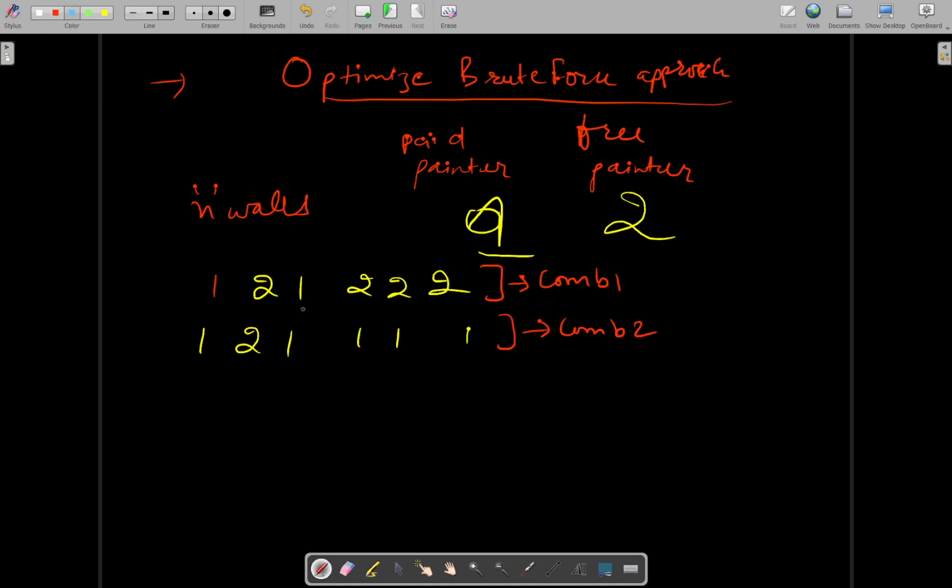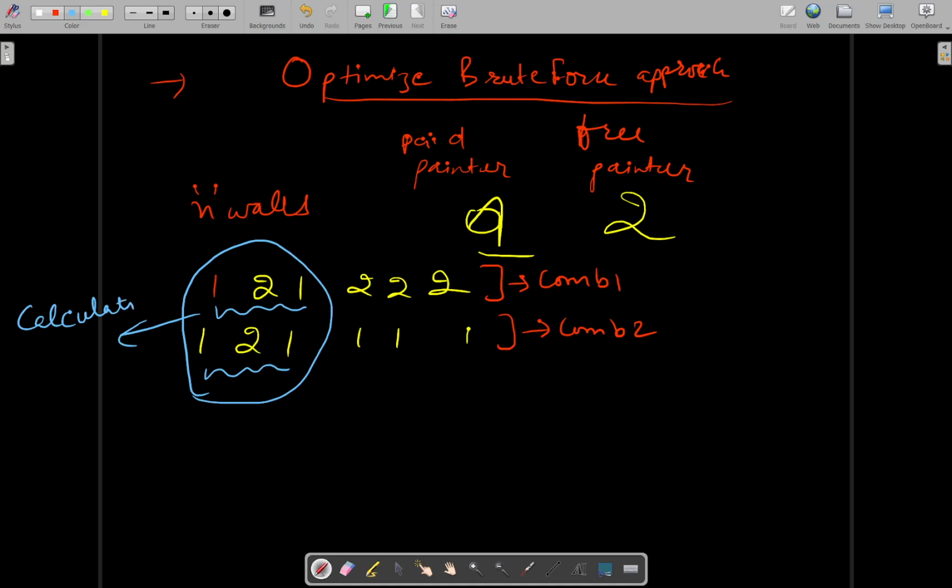As you can see, this part is common in both of these, so for this part, calculations are being done twice. We have to avoid extra work.